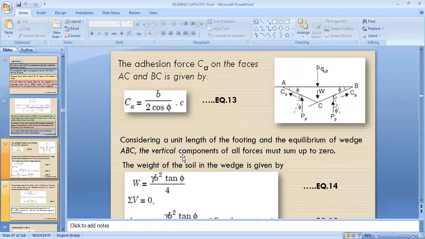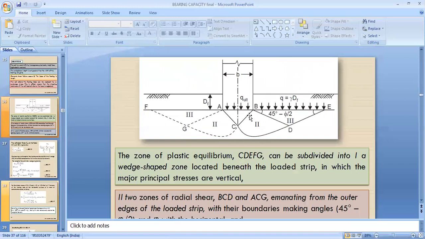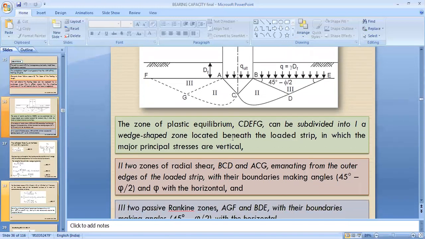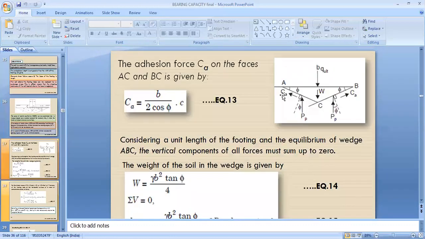Now, if we try to analyze all these surfaces and resolve the forces, this is the triangular portion we have seen, and B is the width of the foundation.